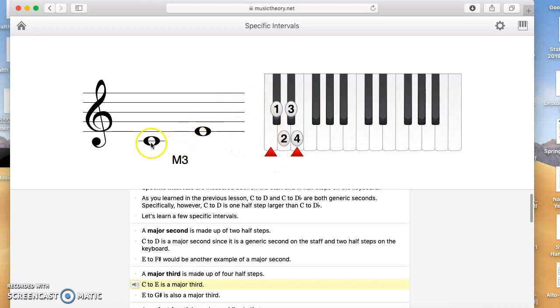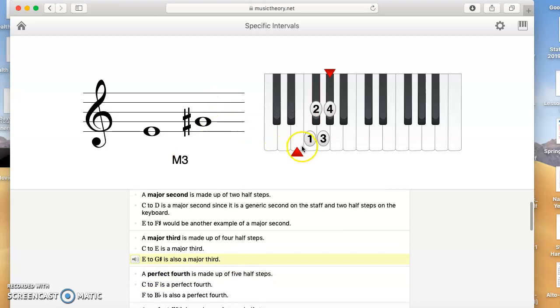Here is a C, so we're starting on a C. This is an E, so we're ending on an E. Now we're going to count the half steps. 1, 2, 3, 4. 4 half steps is a major third. E to G sharp is also a major third. 1, 2, 3, 4.